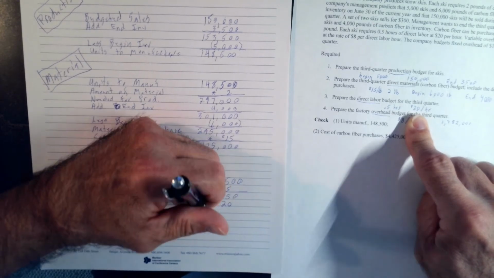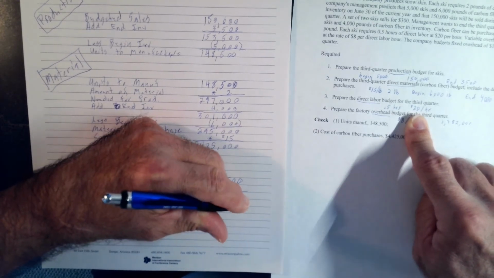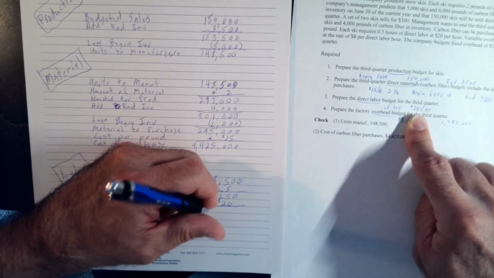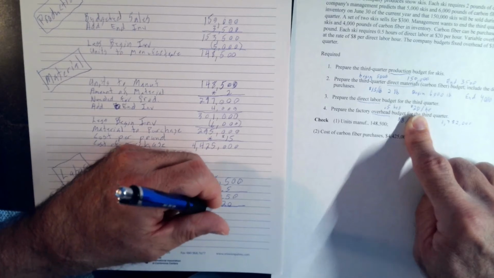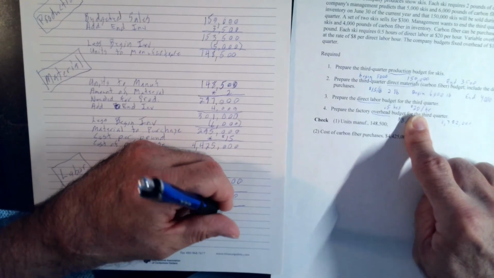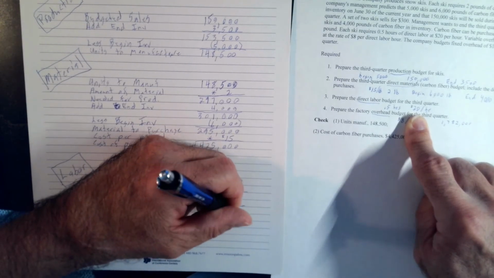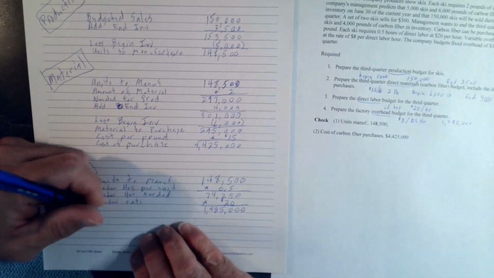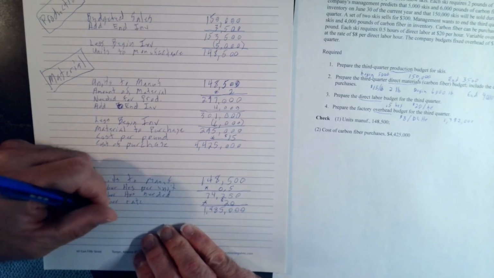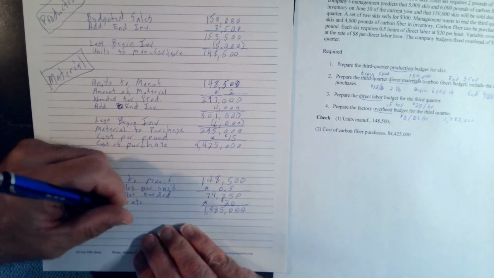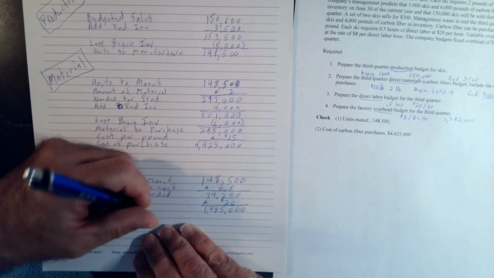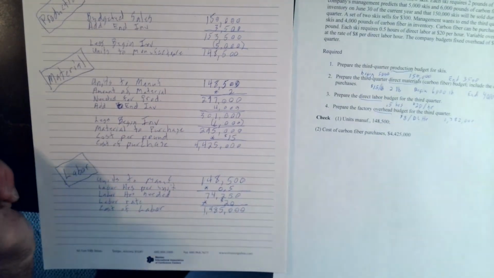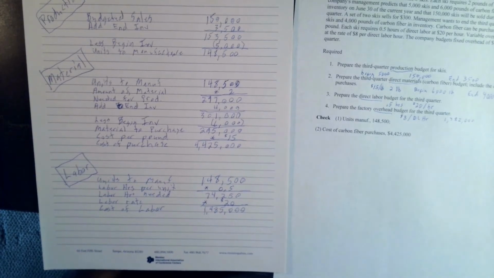Then I multiply that together and I get 1,485,000 even. Yep. So that's total labor cost, or cost of labor. Easy, right?